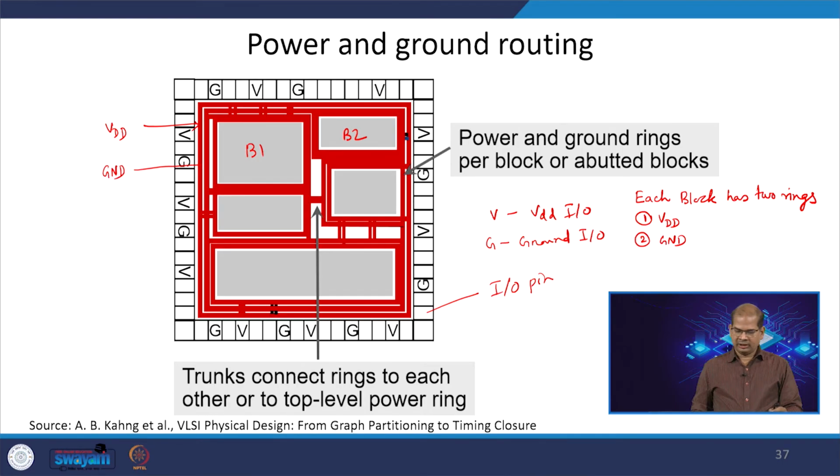The ring of the chip boundary should be connected to the ring of each of the blocks, and that ring also needs to be connected with the IO VDD and IO ground. The connections between the blocks are called trunks. Trunks connect the rings to each other or to the top level power ring.